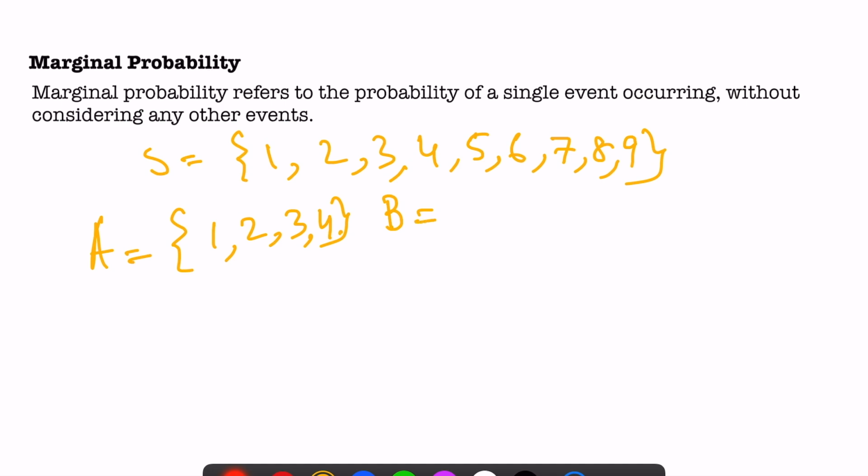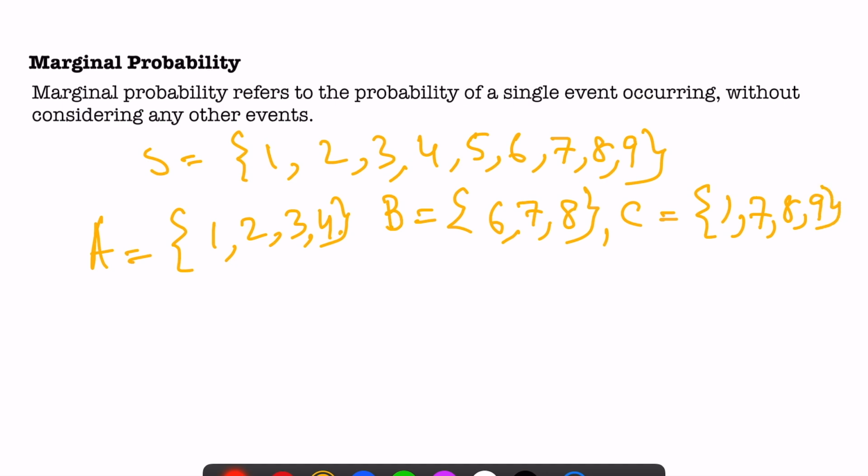Consider one more event B: 6, 7, 8, and one more event C: 1, 7, 8 and 9.